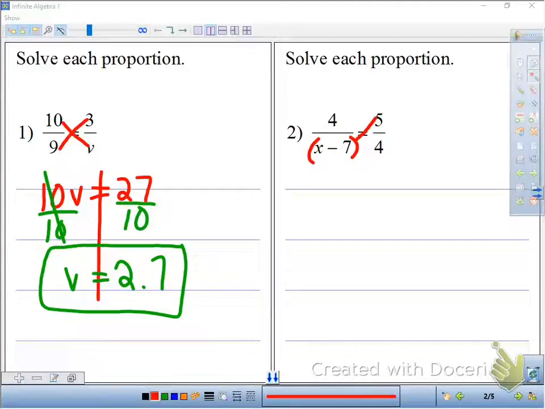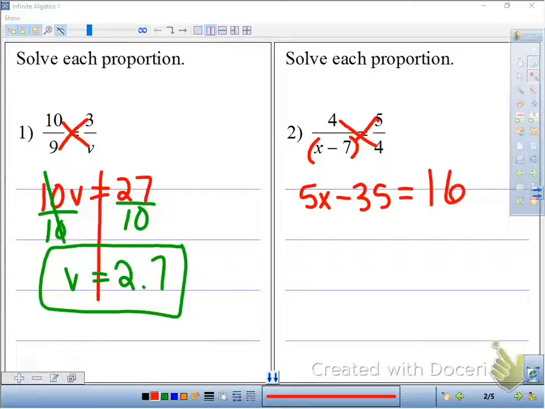Now when I do that multiplication, I am actually distributing. So this is 5 times x, which is 5x, and I also need to do 5 times negative 7, which is negative 35. Okay, so that's that side, and then I also have 4 times 4, which is 16.